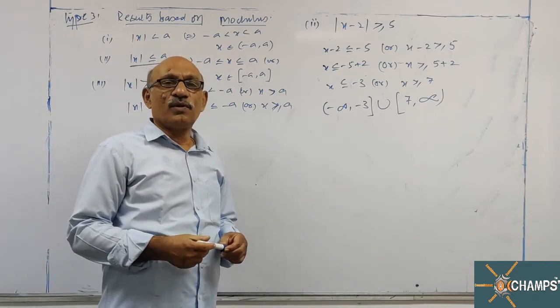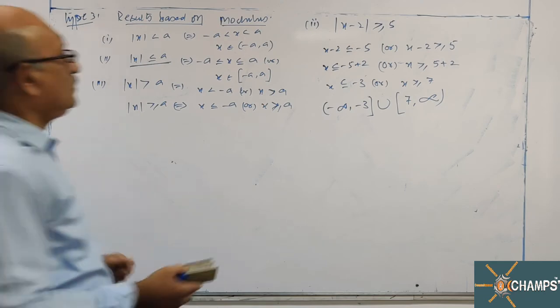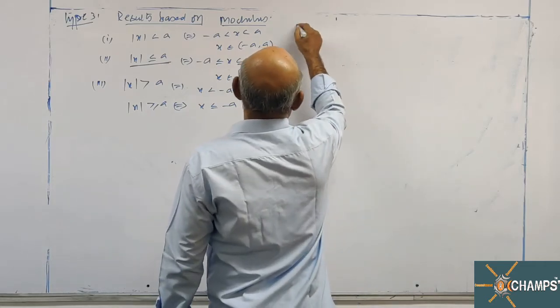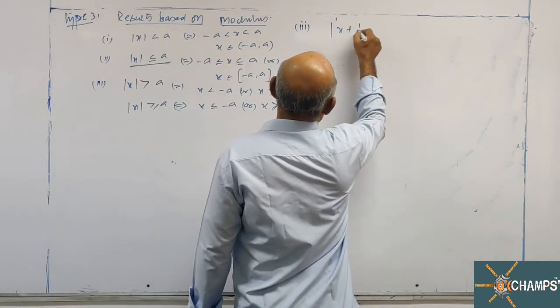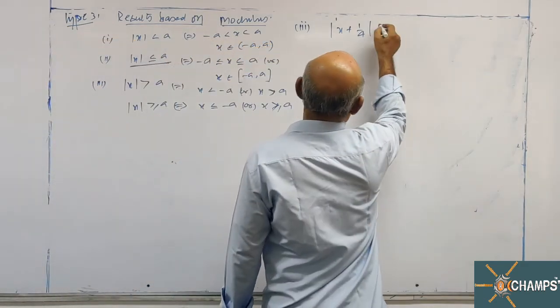Now I'll do those two problems which are given in the CBT exam. Modulus of x plus 1 by 4 is greater than 7 by 2.